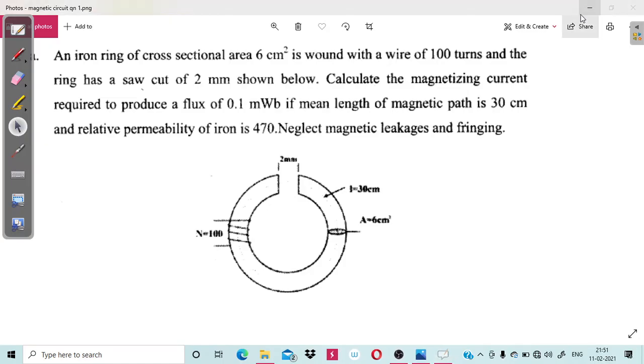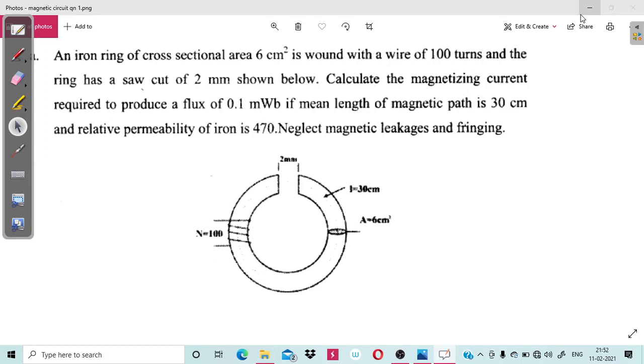In this circuit, actually, this is an example of a series composite magnetic circuit, in which iron magnetic material is in series with some air gap.